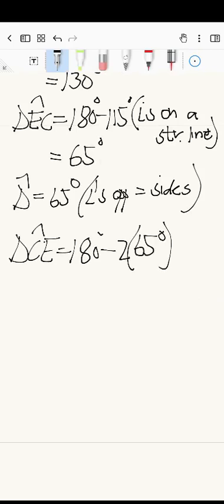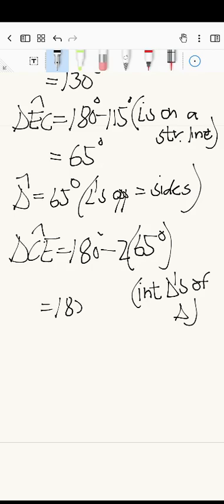Okay, and my reason, I'm running out of space, I'm going to put my reason over here, is going to be interior angles of a triangle. Okay, so that's going to be 180 minus 65 times 2 is 130, and that is going to give me 50 degrees.